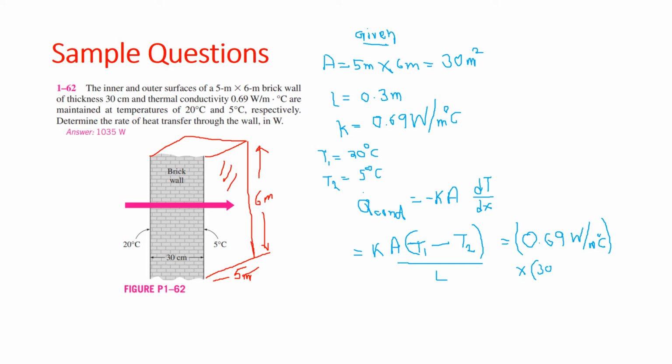Always write the units together, because then it will be very easy for you to cancel them and you will get the right units after multiplication or whatever mathematical calculation you perform. Okay, we know T1 and T2, so it is 20 minus 5 degrees Celsius over the length, which is also given, 0.3 meter.